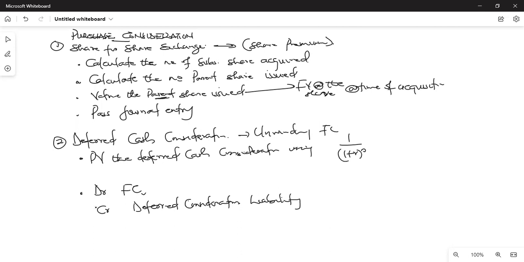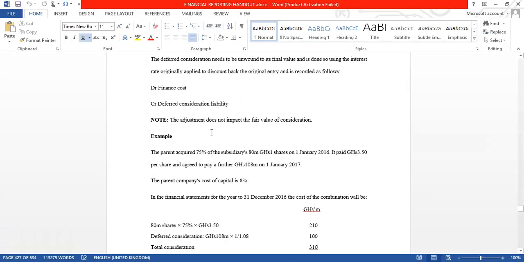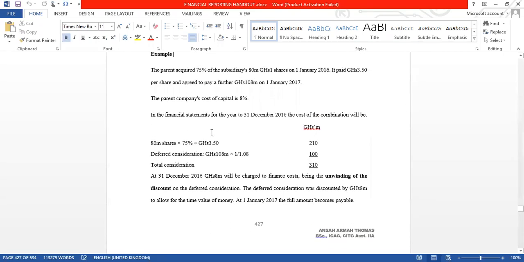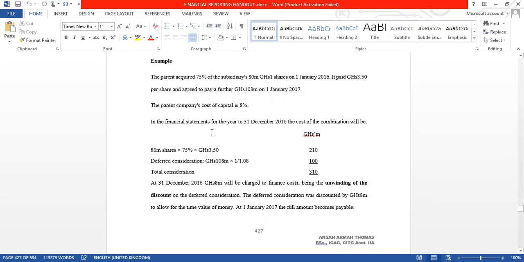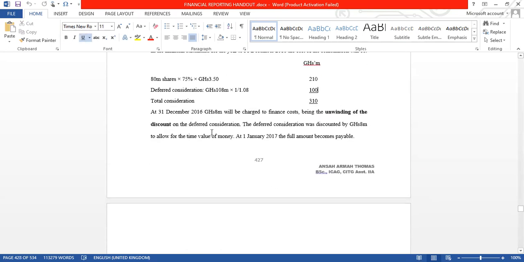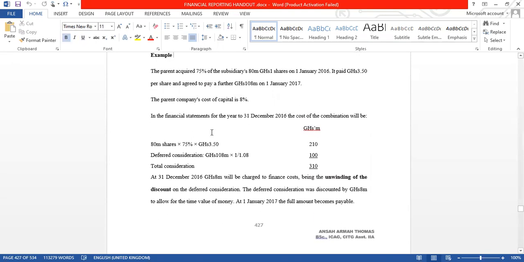So let's look at how that one works in terms of the numbers. Let's go to the manual and look at some questions. So this is an example.